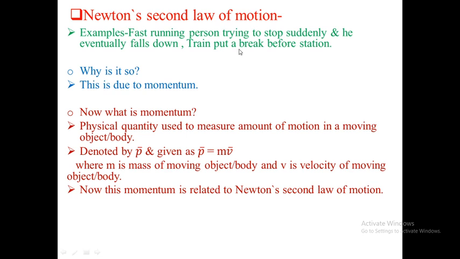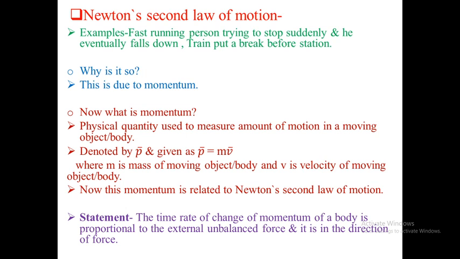So let's see what is the statement for Newton's second law of motion. The statement is: the time rate of change of momentum of a body is proportional to the external unbalanced force, and the direction of this momentum change is in the direction of the force.